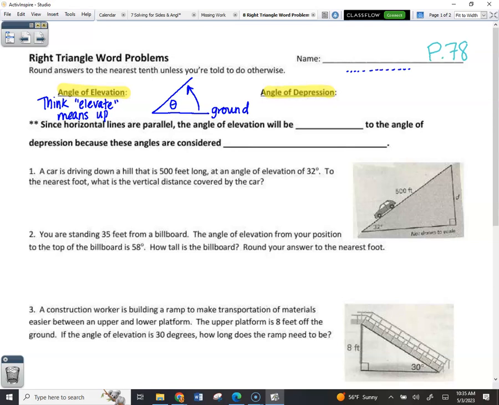Angle of depression implies something's already up high and it's tilting down. So you have what's called your line of sight because you're up high, and the angle of depression would be the angle formed when you lower your head to look down at something. Okay?